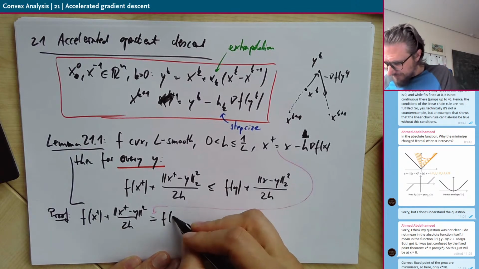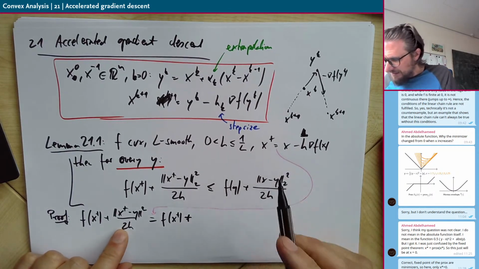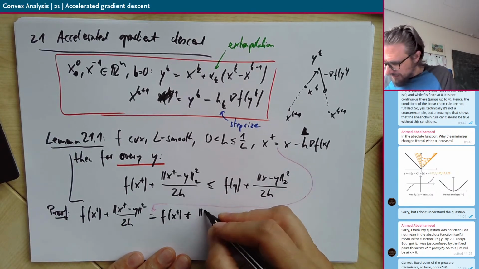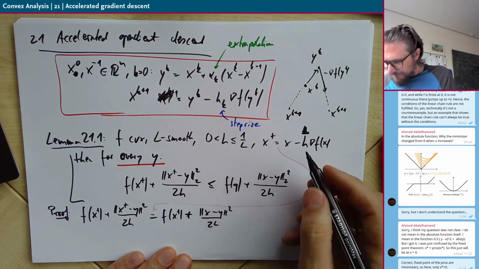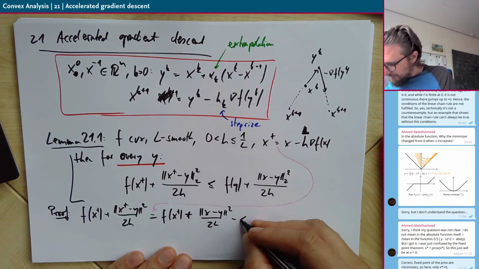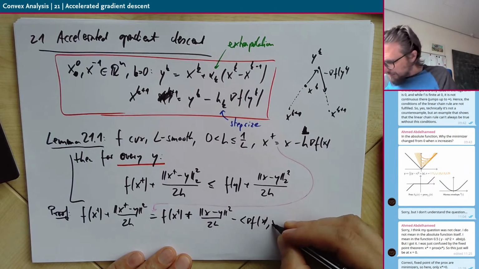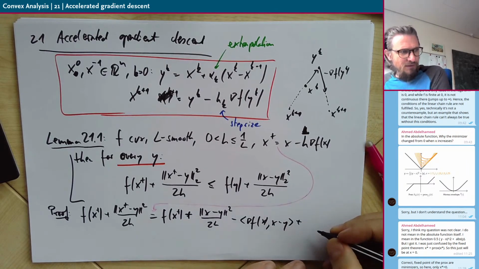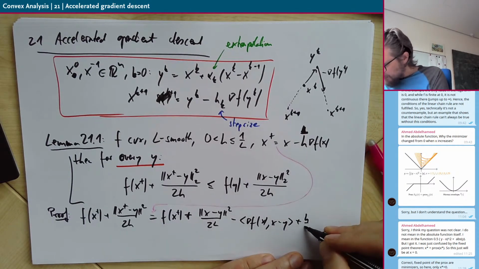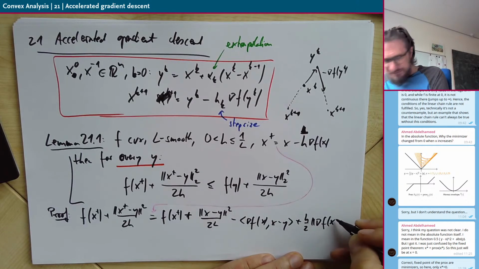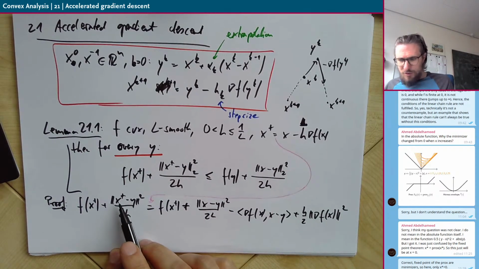So we keep our f of x plus, we plug in x plus is this, expand the square, and then we get x minus y. We keep these two things together. We have a minus, so we have a minus gradient of f of x times x minus y, plus h over 2 here, because the h cancels, but here we get h over 2 times the norm of the gradient of f of x squared. So it's not estimated, we just expanded the square over here.